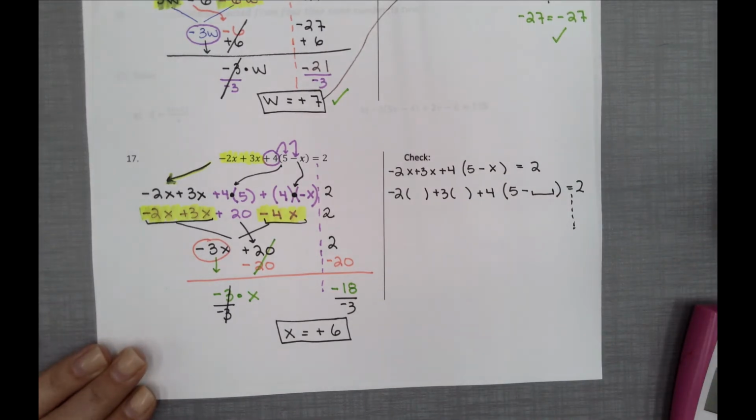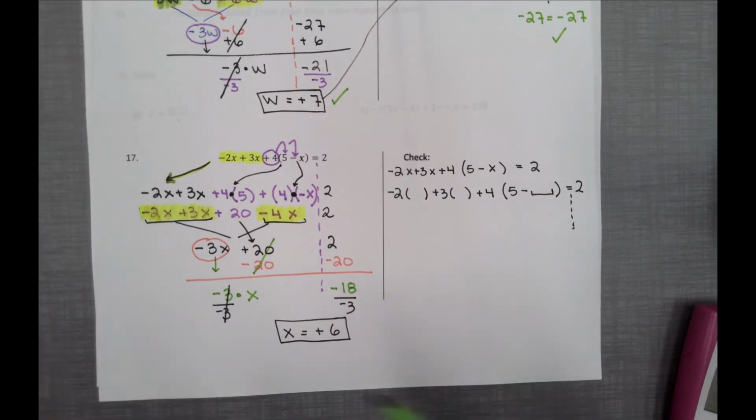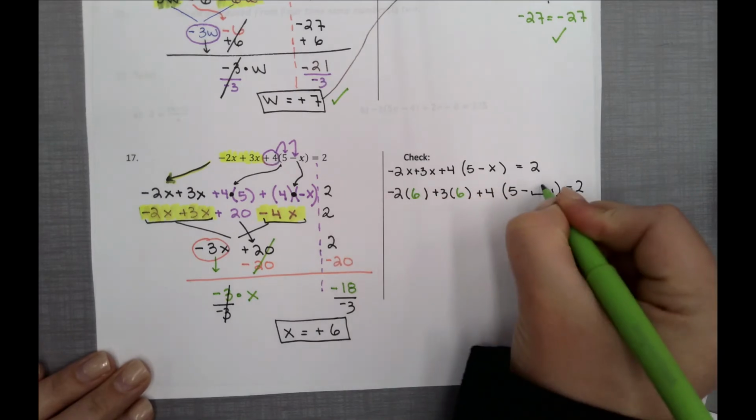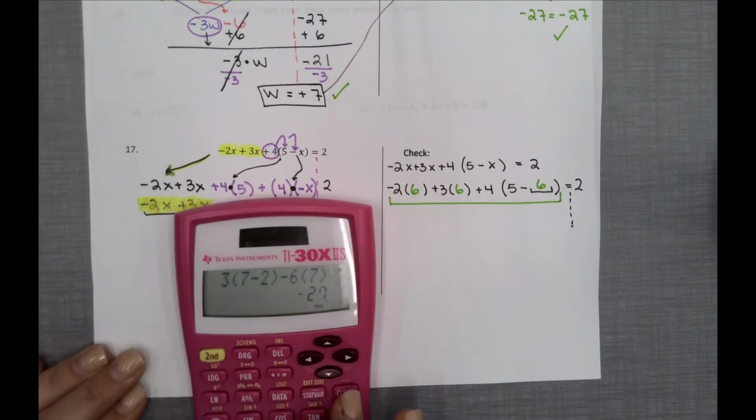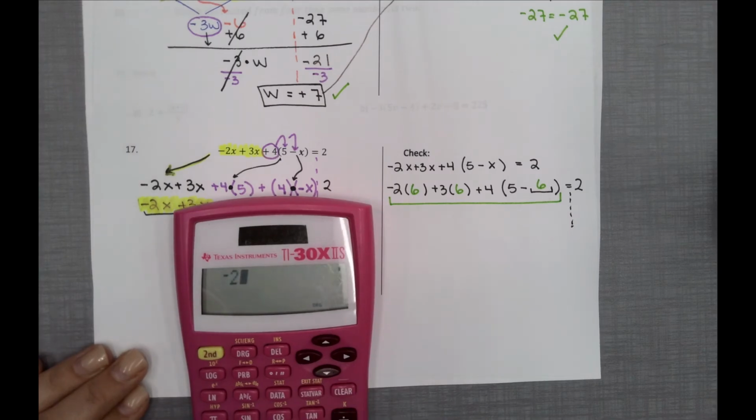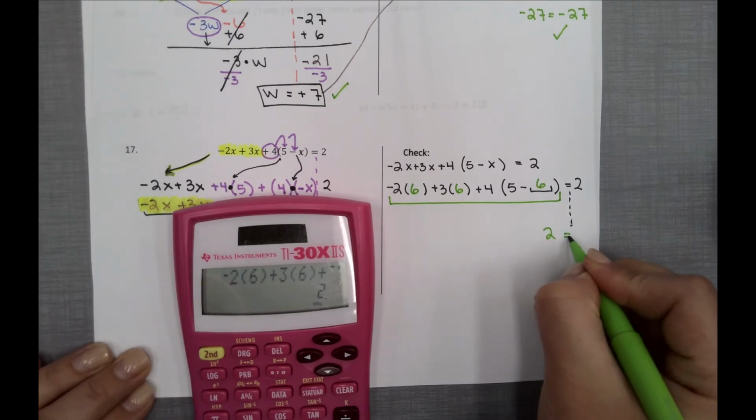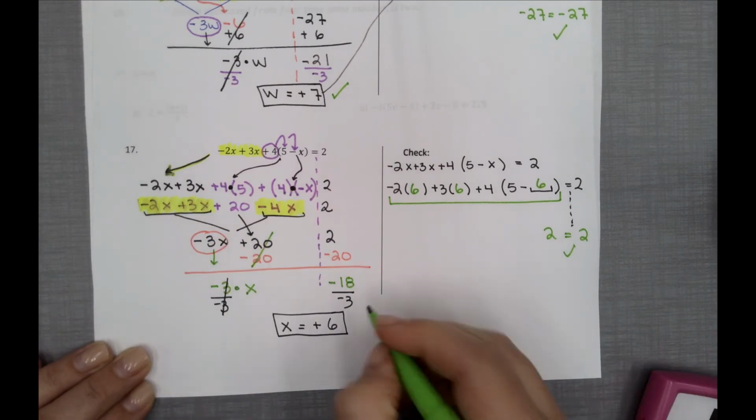Now, anytime we have an open spot for our x, I'm going to be putting a positive 6. This I'm going to type into my calculator and make sure that it does give me a 2. Negative 2, open, 6, close, plus 3, open, 6, close, plus 4, open, 5, minus 6, close, equals, whew, it does give us 2. That means this is a good answer.